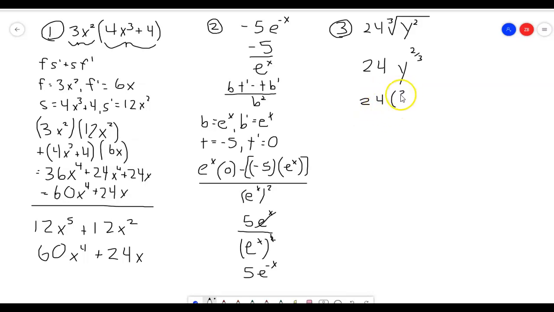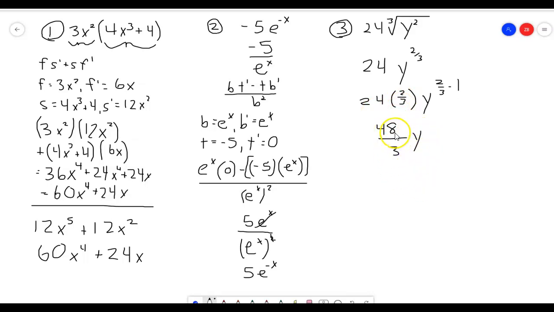The 2/3 comes out front and gets multiplied, and then we have y, and we subtract 1 from the exponent, 2/3 minus 1, just like we've been doing on all these power rule problems. So then this is going to become 48 over 3 y.